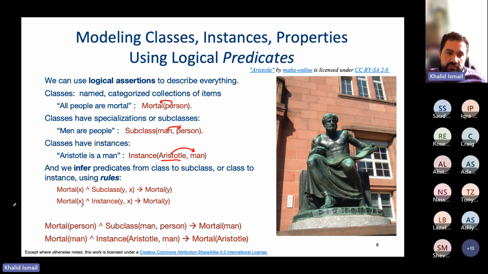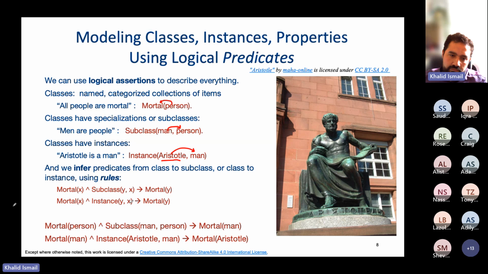Similarly, if X is mortal and Y is an instance of X, that leads to Y is mortal as well.